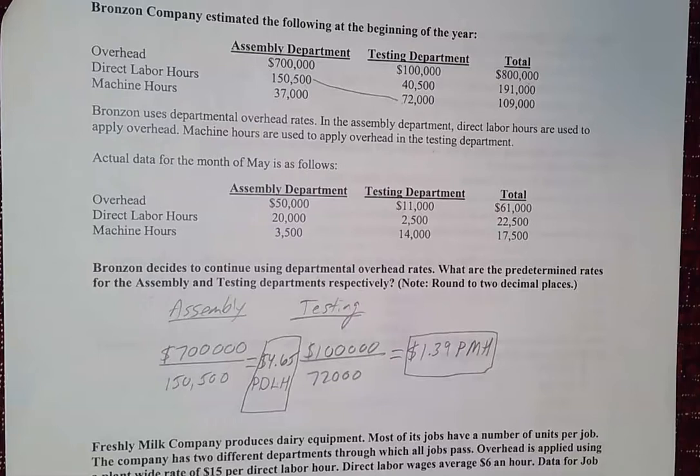Heck, we could say, okay, how much was applied and what was the variance? Was it over applied or under applied overhead? So just remember, these questions like this are drawn up in such a way that I can ask you a minimum of 4 things. I actually have one question, for example, that I have 18 different variations on.